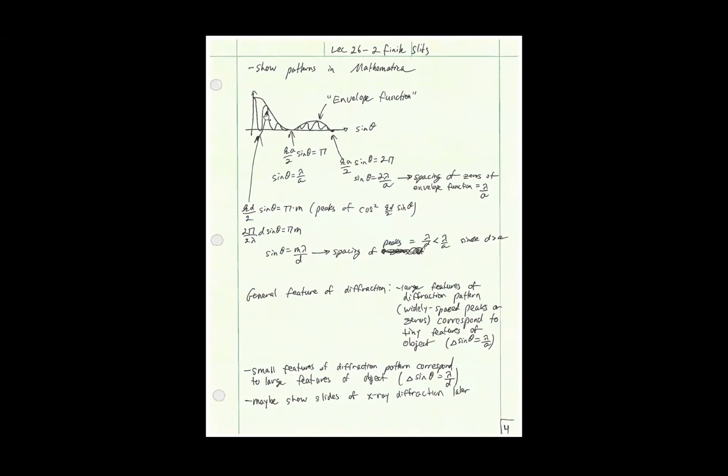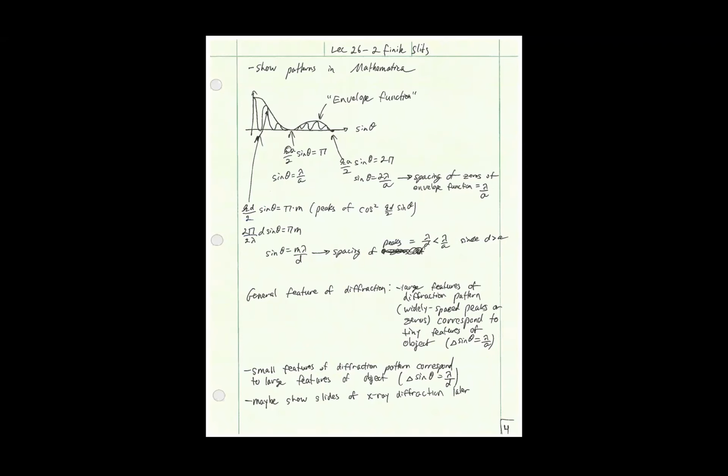Then there's another function that depends on the small scale features, the size of the slits, or the details of the protein molecules. And we call the thing that depends on the small scale features of the actual object the envelope function.